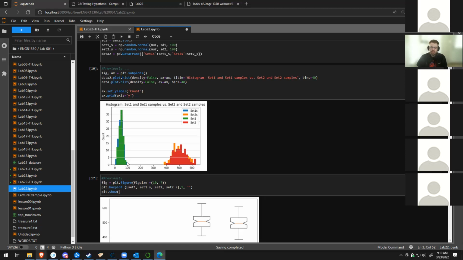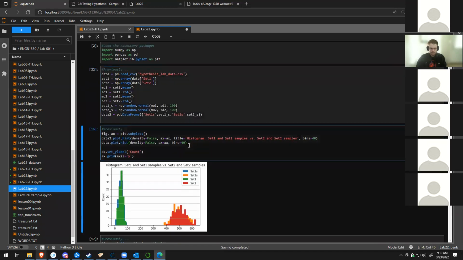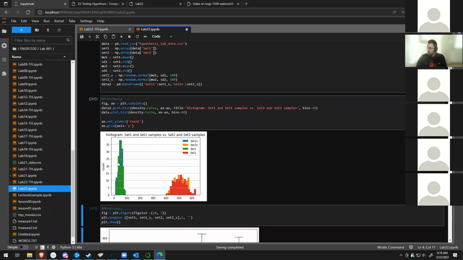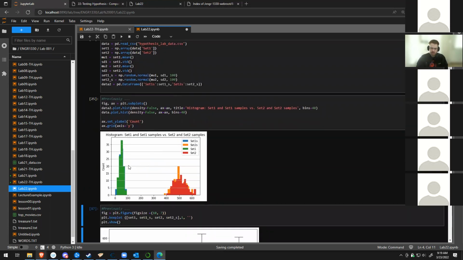I would say there's, because no matter how many times I randomize, they're always overlapping a lot. So it'd be a losing bet to say that set 1 and set 1s, blue and green, are completely independent. They don't have anything to do with each other.